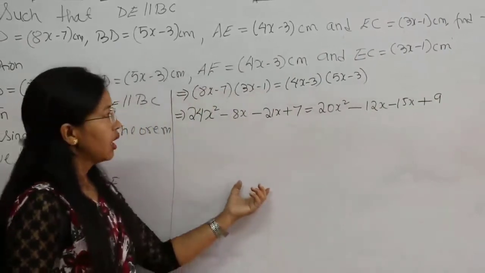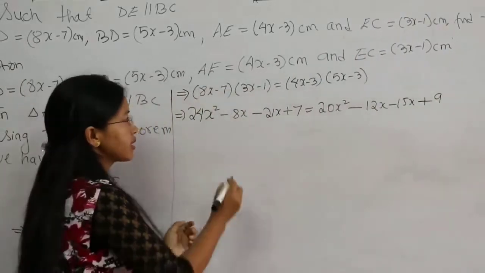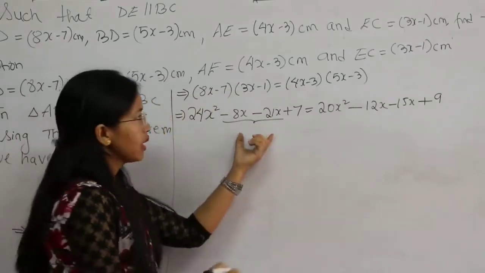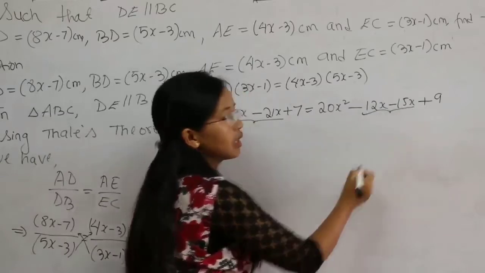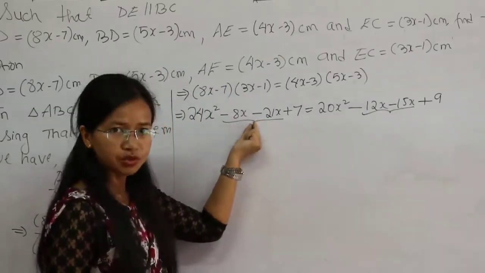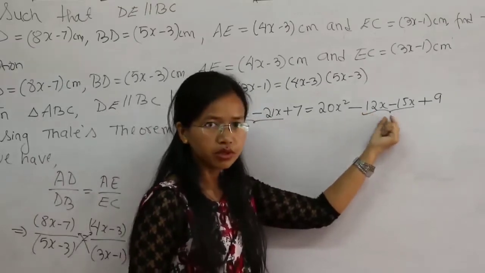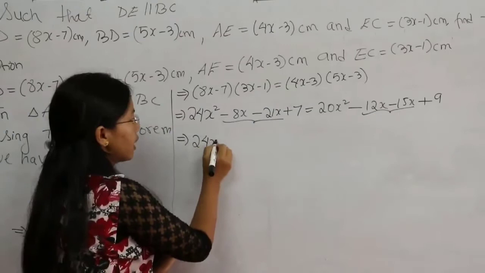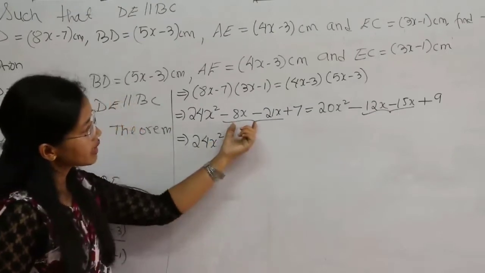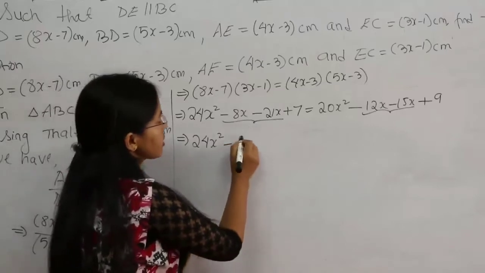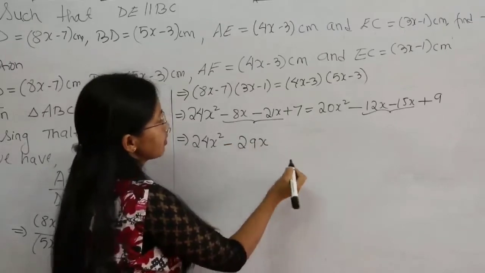Right? So in here we can see that these two are like terms and these two are also like terms. Alright? We'll finish this first. We'll add this together and these two together. Then we'll get 24x square minus 8x minus 21x. We will get minus 29x, right?